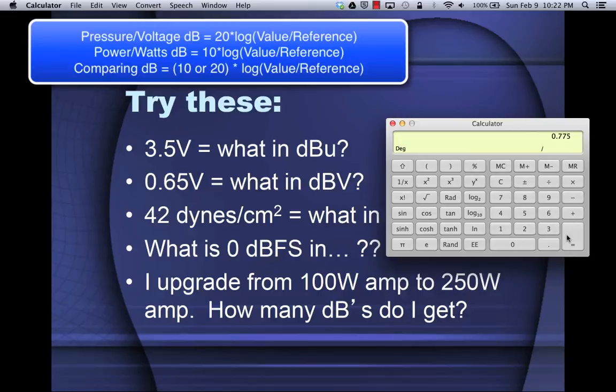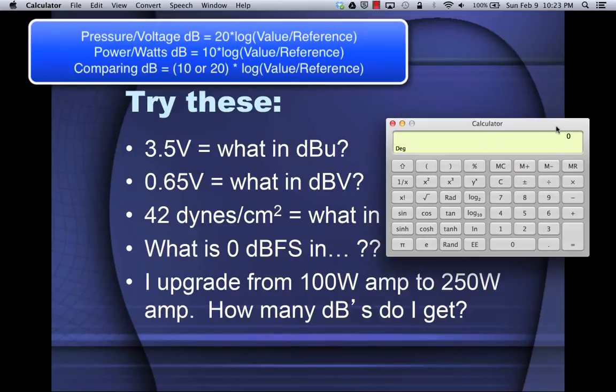So we have this value, 4.5, and we want to take the log of that, and we'll multiply that by 20. So 3.5 volts translates to plus 13.1 dBu. Not too bad, right?